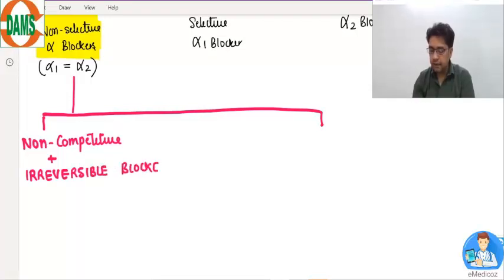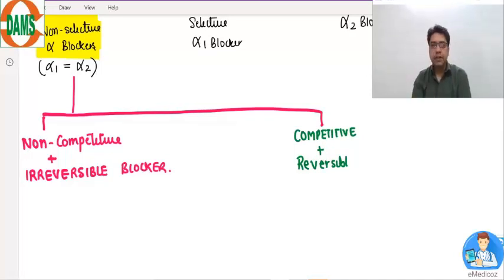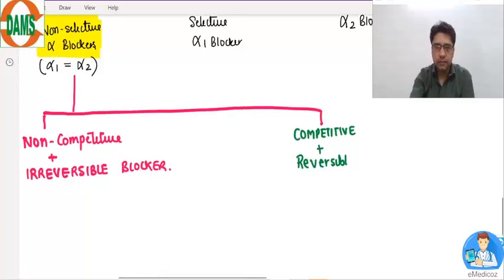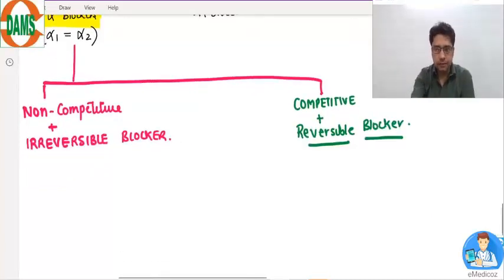And second one you will write is competitive plus reversible blocker. Okay. Non-competitive plus irreversible, competitive plus reversible.